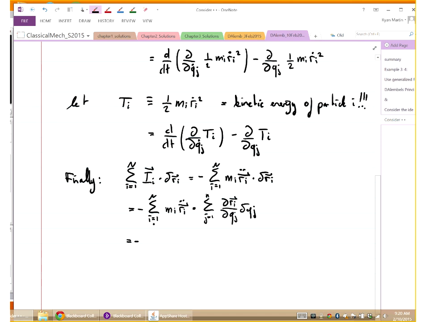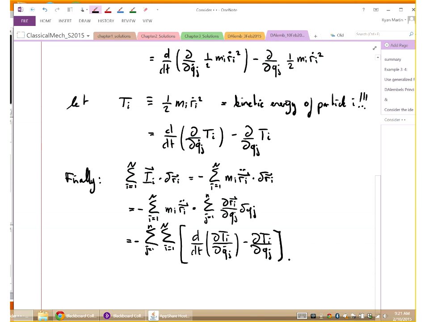Now, nothing prevents me from putting the two sums together and maybe inverting their order. So let's say I have the sum from j equals 1 to lowercase n, then I wrote the sum from i equals 1 to capital N. And then we saw that we can write this term here as d by dt of di Ti by di Qj dot minus di Ti by di Qj.